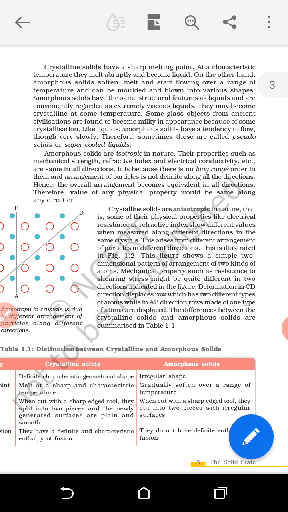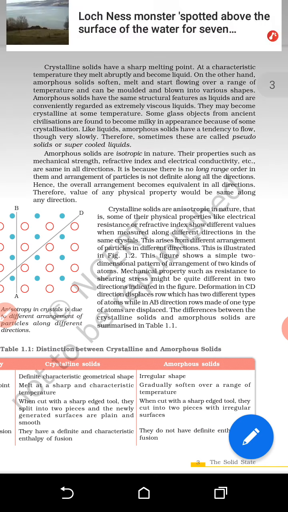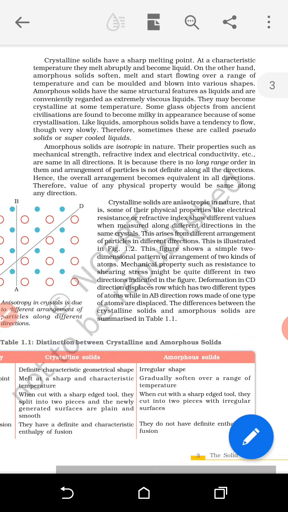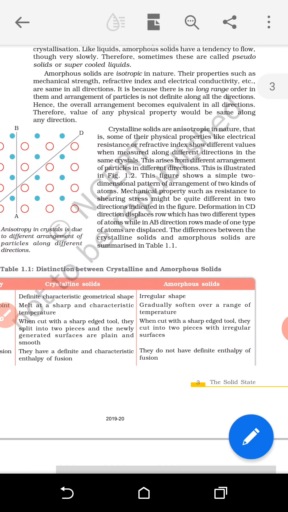Amorphous solids have the same structural features as liquids and can be conveniently regarded as extremely viscous liquids, and hence they are also known as pseudo-solids or supercooled liquids.